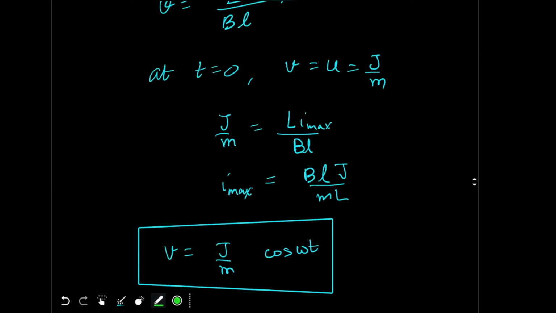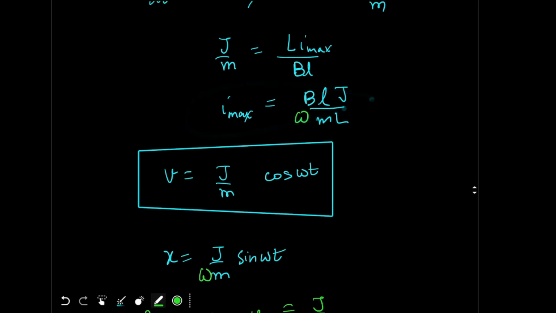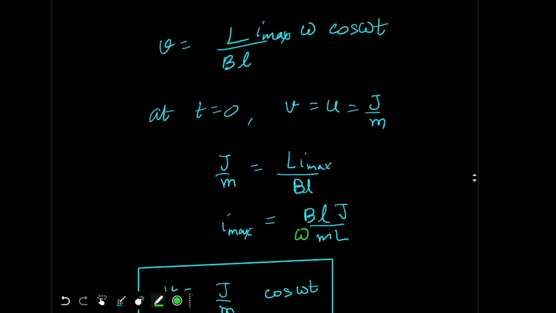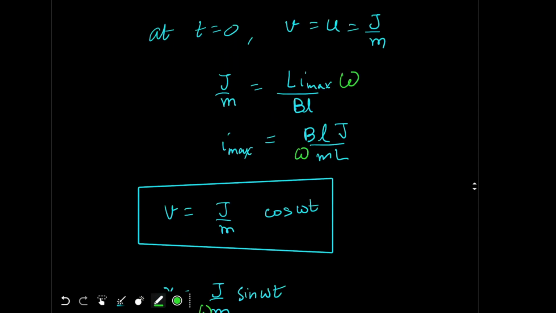There's a small error. This is your I max formula, and here we have omega in the denominator also. Correct. So we need to put that as well. Okay. So yeah, omega here also. This is my omega equation.